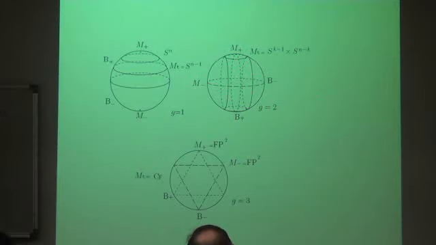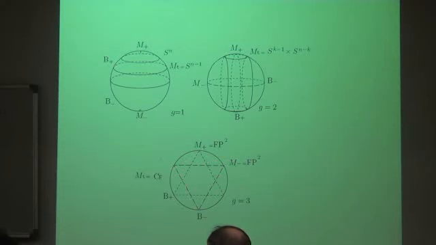And similarly, when g equals 3, there are also two focal submanifolds here. This is a projective plane, and another focal submanifold is another projective plane. And also it develops the wave from each point of this focal submanifold, and then it collapses to another focal submanifold.